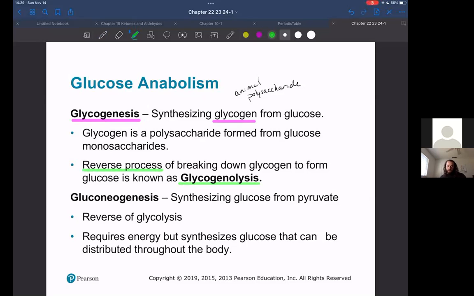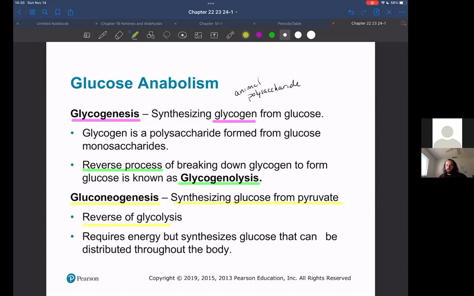Okay, so that would be the reverse process. And then the other glucose anabolic process we want to talk about is gluconeogenesis. This is going the exact opposite direction of glycolysis, right? So this is the reverse of glycolysis, where we synthesize glucose from pyruvate. This requires an input of energy. And you might think to yourself, why would the cell bother with synthesizing glucose from pyruvate?